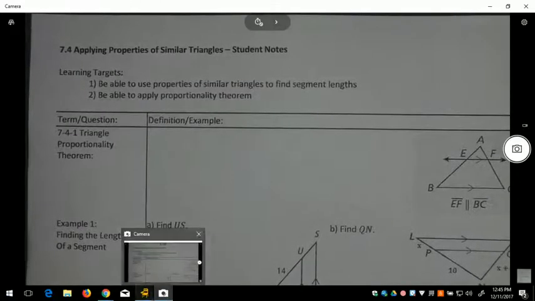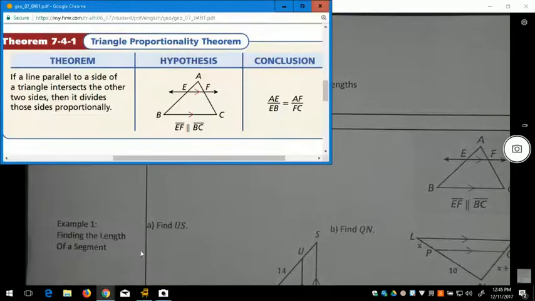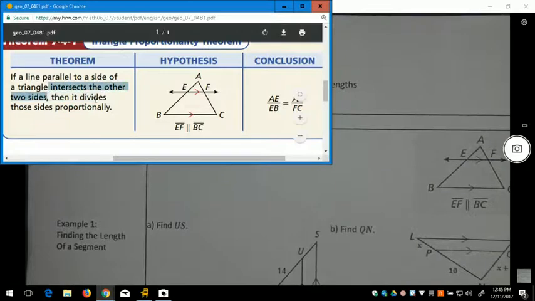We're going to start by looking at 7.4.1, and you can copy down what you see of this theorem. If a parallel line to a side of a triangle intersects the other two sides, then it divides those sides proportionally. So here's an image, and we have that same image right here in our notes.